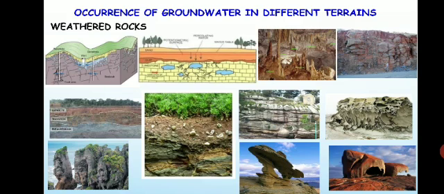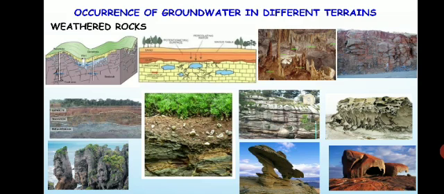So I hope you remember what is weathering. Weathering is the disintegration and decomposition of the rocks. Because of the action of temperature, water, and pressure, the rocks undergo a process called weathering, wherein the rocks break down.